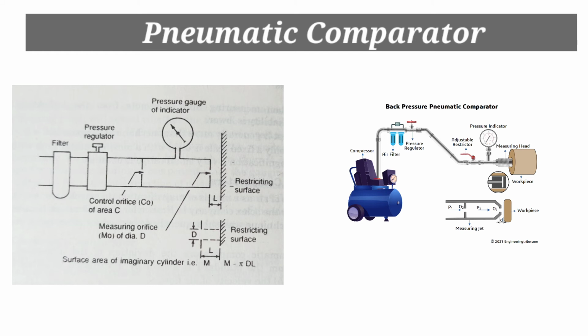Further, a single or a number of dimensions can be inspected simultaneously. A wide variety of measuring heads may be used to suit a particular type of work. The two most serious disadvantages are the limited range available and the low speed of response.